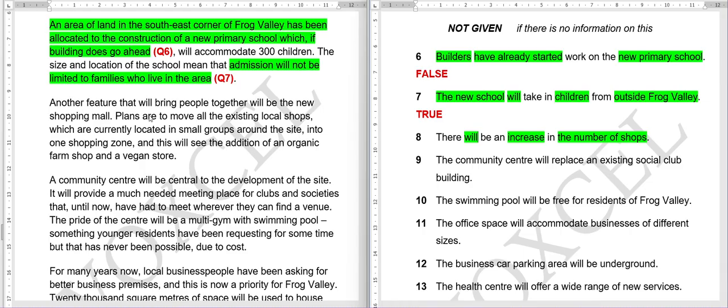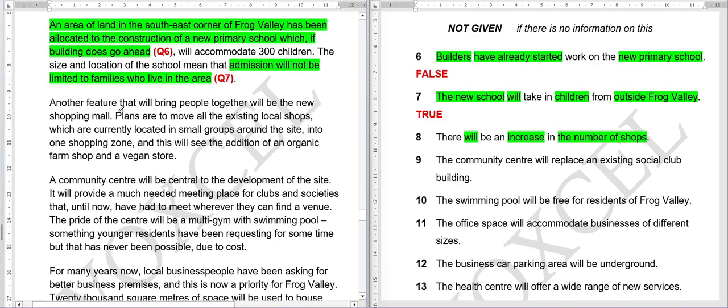Another feature that will bring people together will be the new shopping mall. Plans are to move all the existing local shops which are currently located in small groups around the site into one shopping zone, and this will see the addition of an organic farm shop and a vegan store.